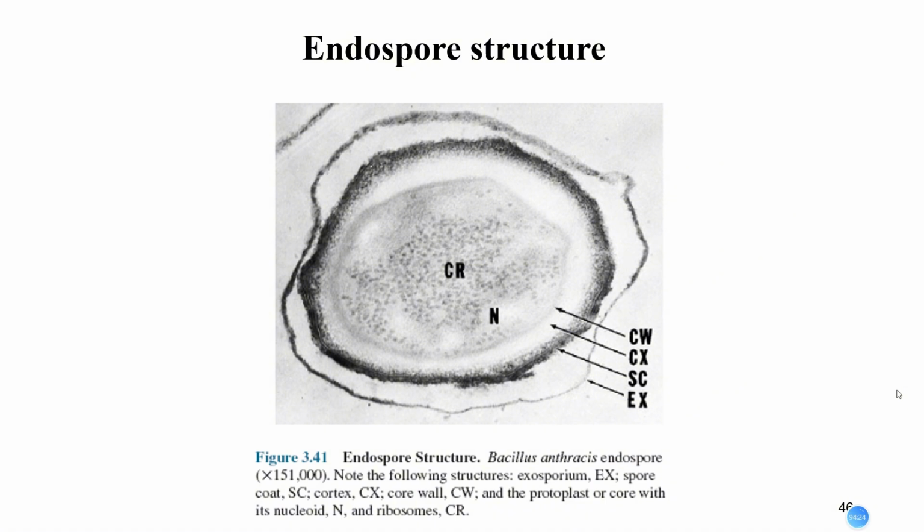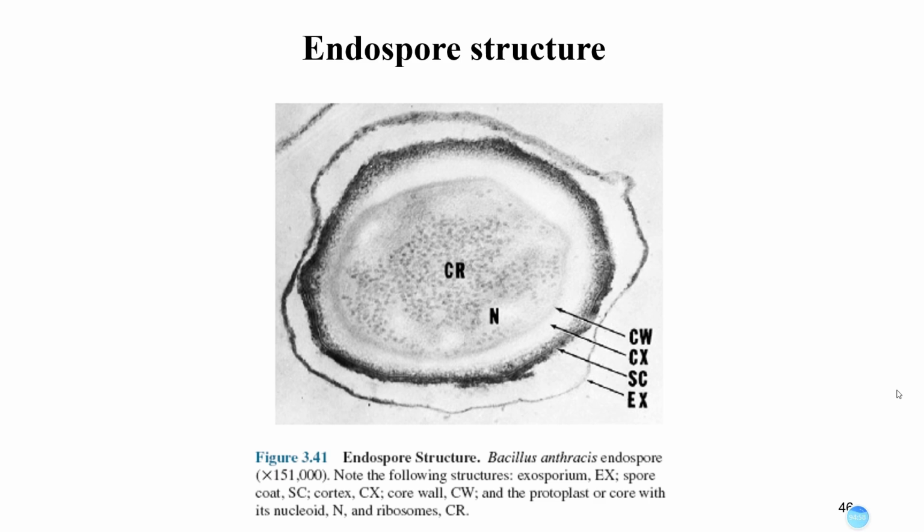This is the example of endospore, okay? The structure like this. It has several layers of different material inside the endospore, and the DNA is in the core part, so that the cell will become dormant for a long time. And the characteristic property of this endospore is that they are very resistant to heat and to other factors.